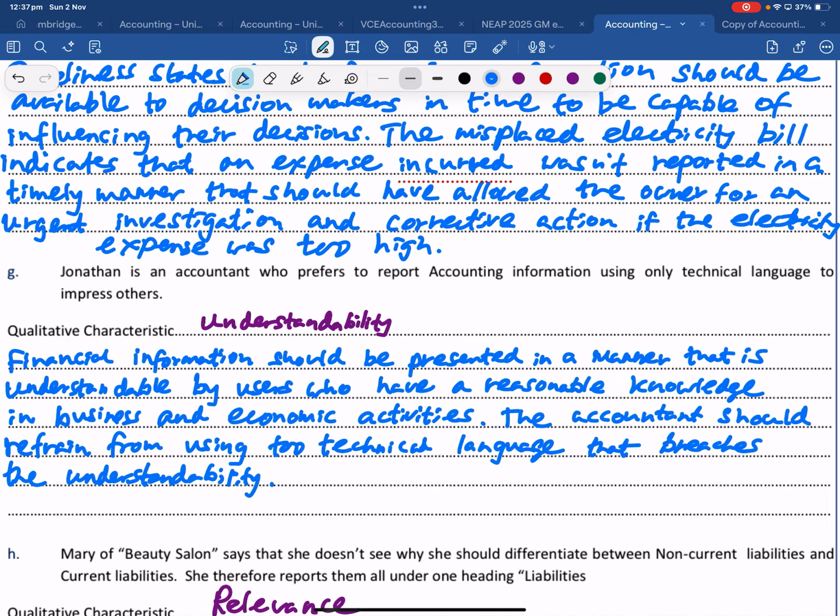No. It's nothing to do with the source documents. So it's got to be relevant. Relevance? Okay. Why did you say relevance, Sandhu?